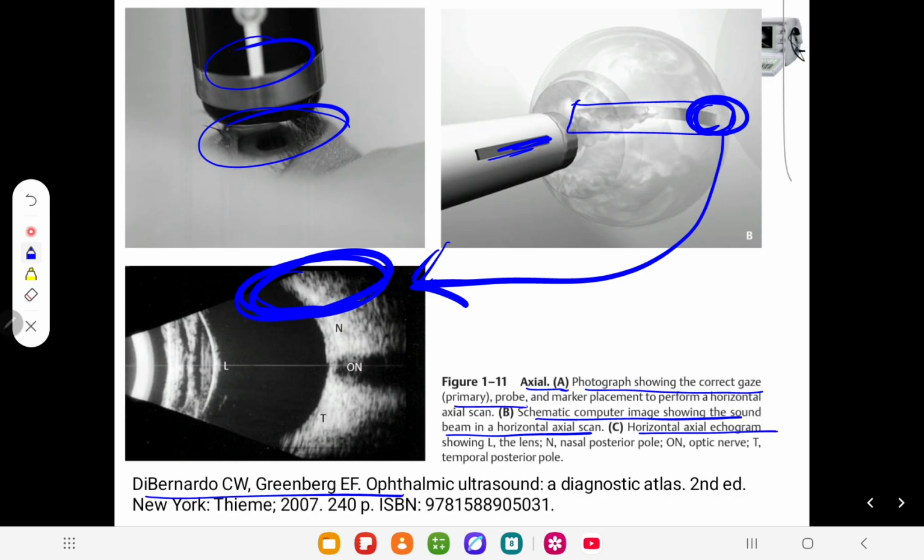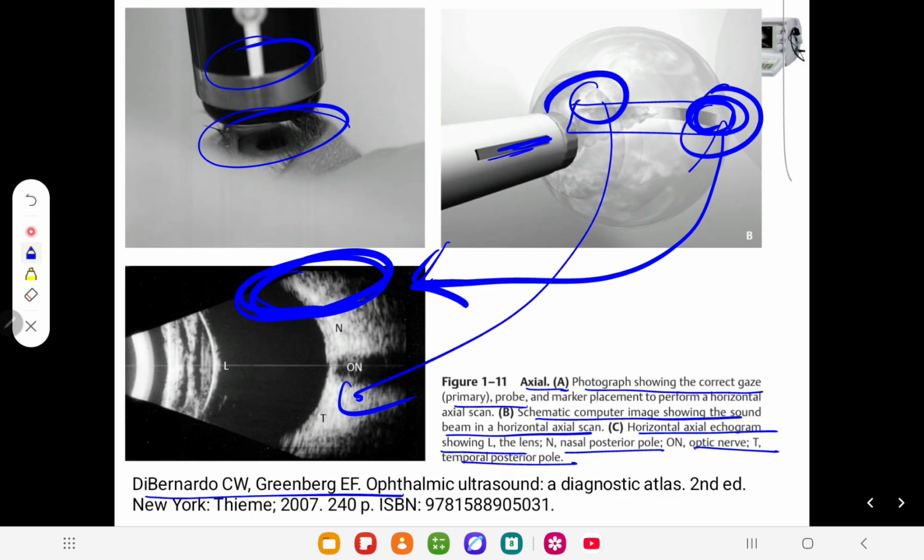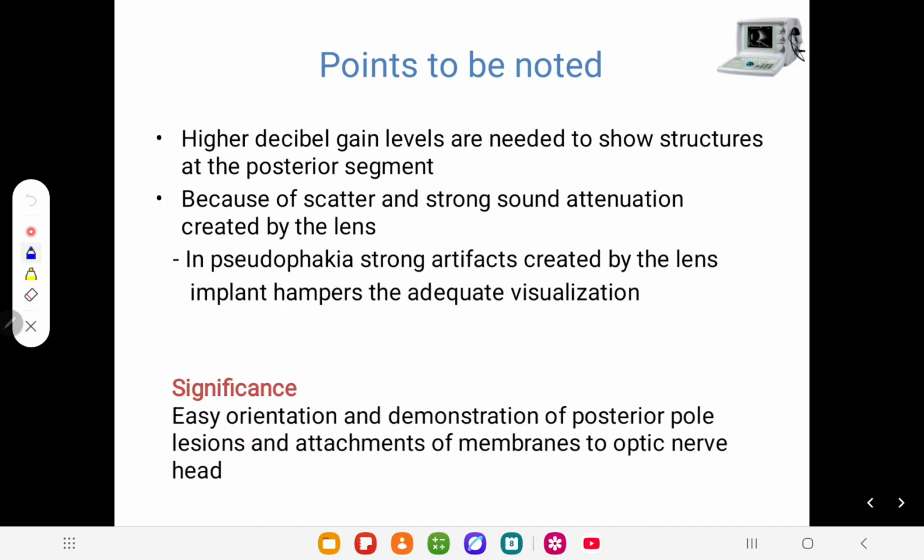The horizontal scan echograph shows the lens, the nasal portion, the posterior pole and optic nerve head, and the temporal pole. This is the temporal pole shown here, this is the nasal pole shown here, and this is the optic nerve, which is approximately in the middle. A point to be noted is that higher decibel gain levels are needed to show structures at the posterior segment, because of absorption, scattering and strong sound wave attenuation created by the lens.